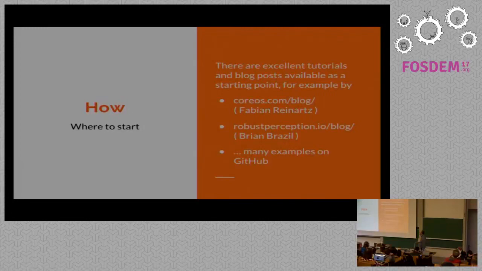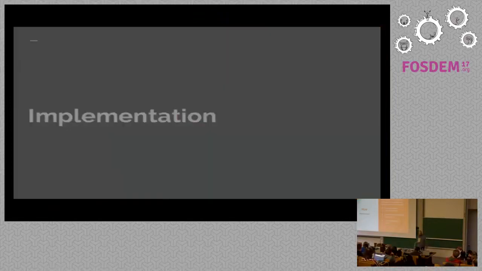And another reason for using Prometheus is that there are a lot of resources, tutorials, and blog posts available on the net. For example, Brian's Robust Perception blog or Fabian's ProOS blog. And there are tons of examples on GitHub where you can browse through.